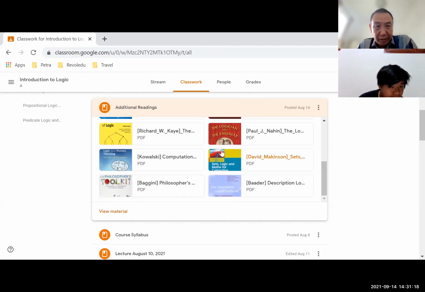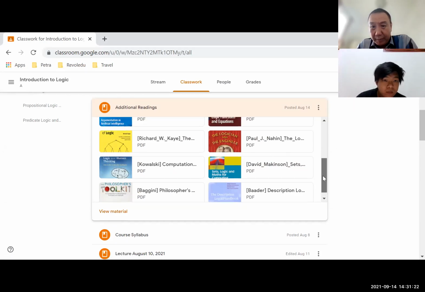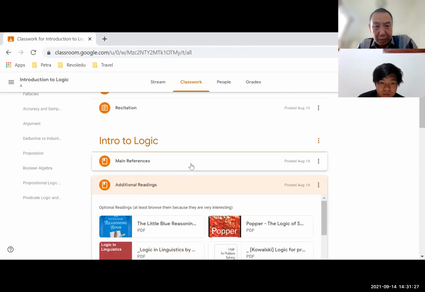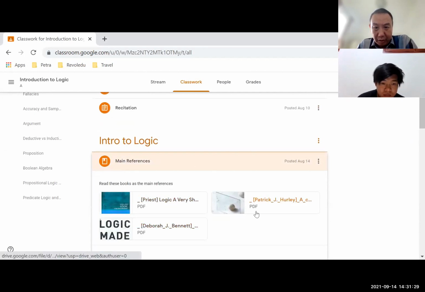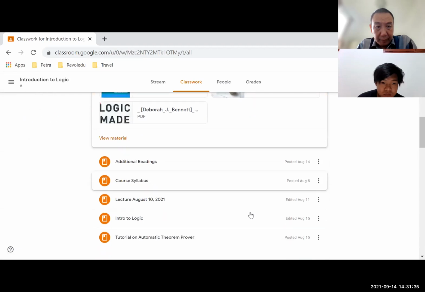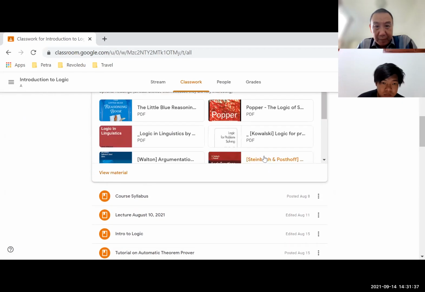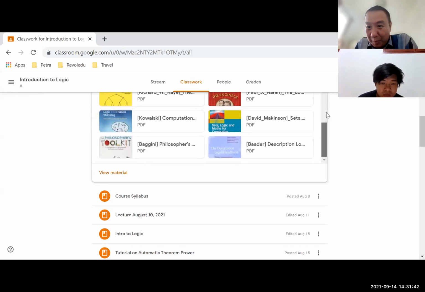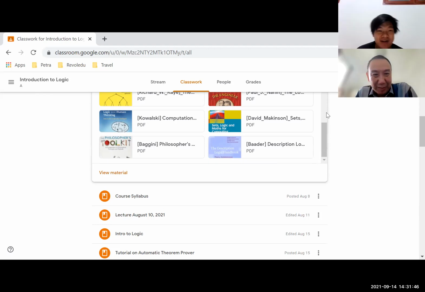The additional reading is optional, but they are very nice. And the main reference, of course, you're supposed to read the 3 of them. Did you know, or did you just know now? I just know now. Okay, so I hope you can start to read.